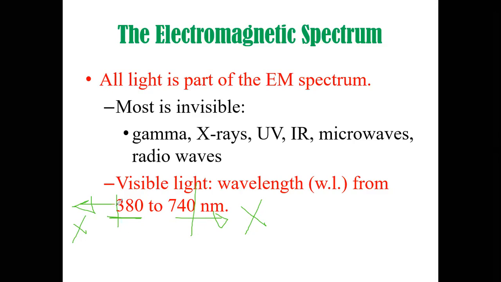That's why the wavelengths shorter than this, called ultraviolet, X-ray, gamma ray, we cannot identify by our naked eyes. On the other hand, longer than 740 is called infrared, microwaves, radio waves, and other communication waves. So in this experimental procedure, we can only produce the electromagnetic spectrum having a wavelength from 380 to 740 nanometer.